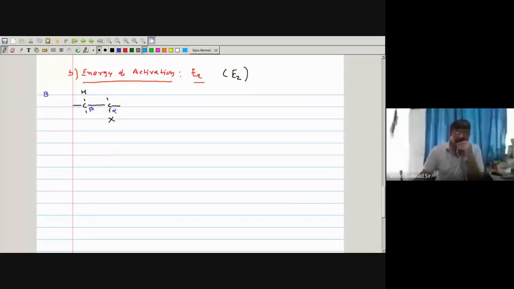So this sigma bond will open on X negative, positive. This will shift here, formation of a bond, and this base abstracts the hydrogen. So the bond breaking and bond forming process takes place simultaneously, right? So we are having a formation of a transition state. So in the transition state, what happens? These are C alpha and C beta. The bond between the C alpha and X undergoes breaking.